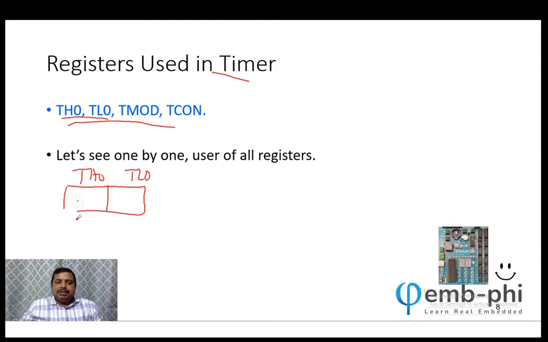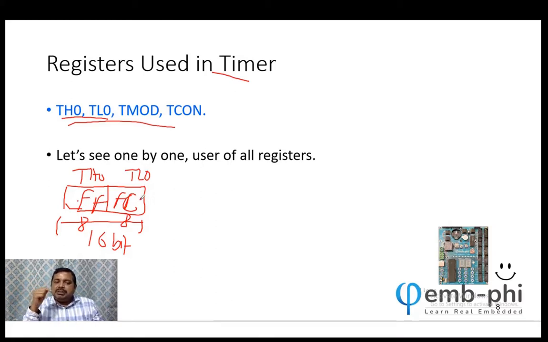This is an 8-bit register, this is an 8-bit register. All together this is a 16-bit register. Whatever value you write in it, listen carefully, consider I wrote FF, FC. Once I say timer start, some setting I have to do, I will tell you.